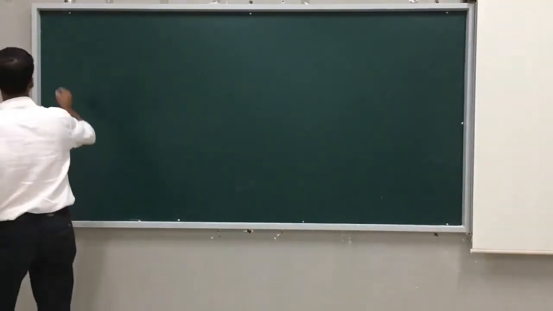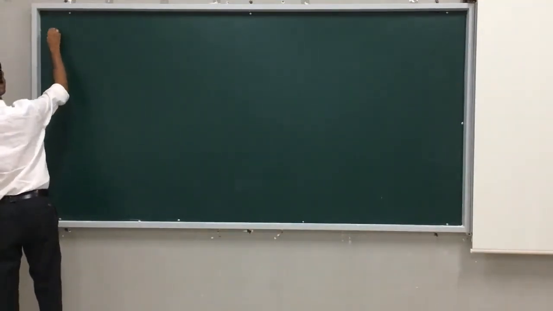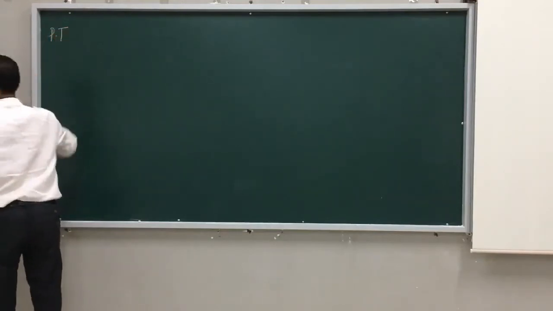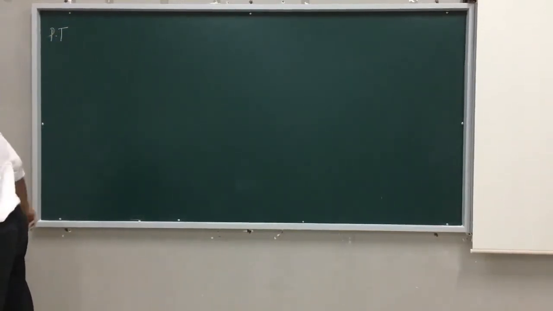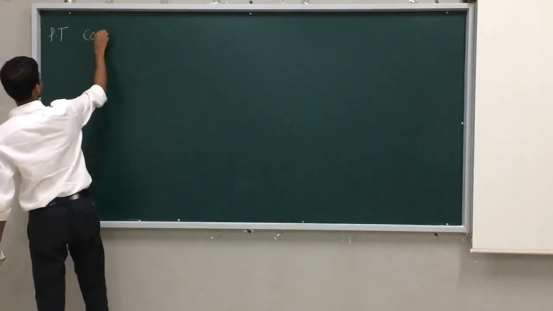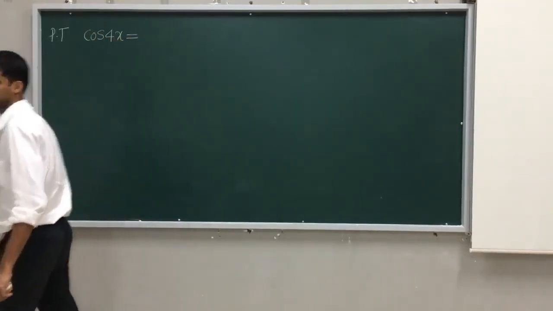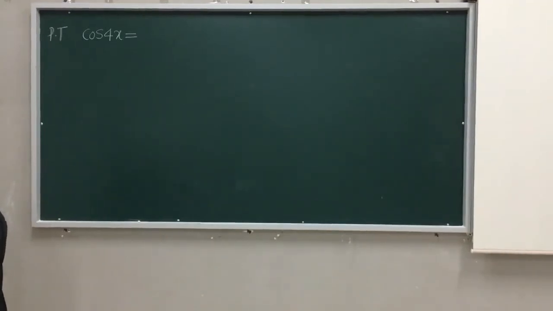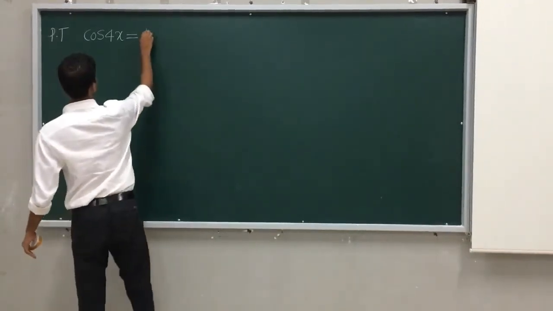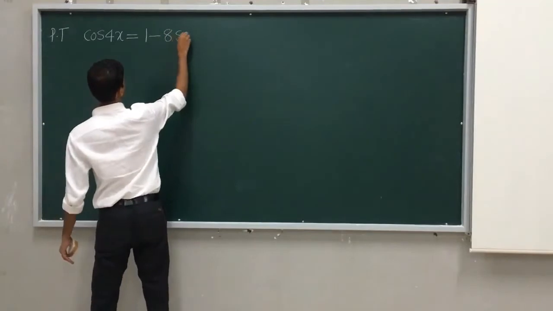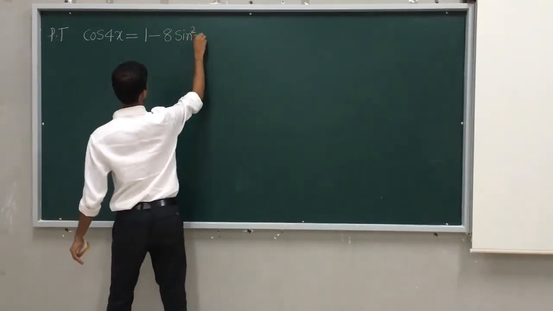Prove that cos 4x is equal to 1 minus 8 sin square x into cos square x.